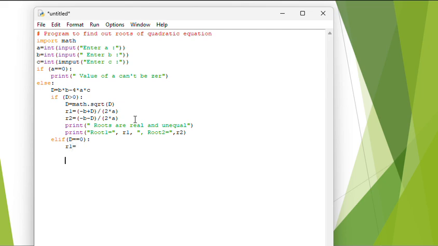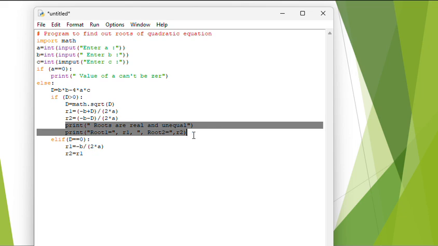R1 equals to minus b upon 2a, and root 2 equals to root 1.